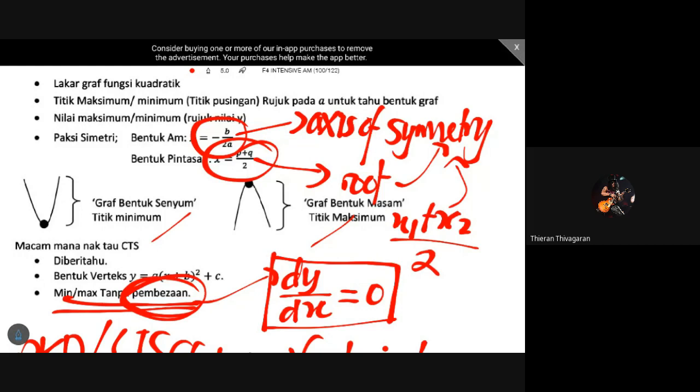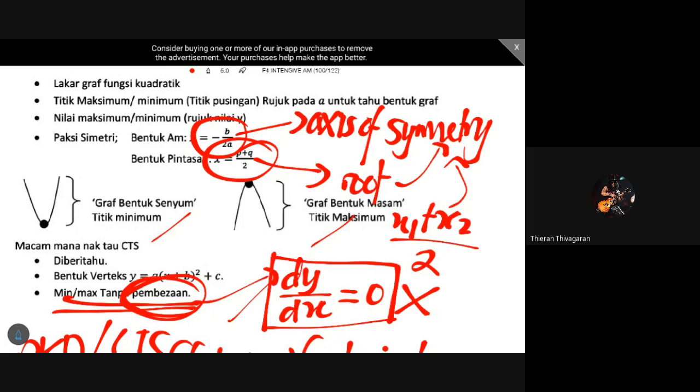Okay. So usually if the question says by using completing the square, kalau soalan spesifik tanya guna kaedah penyempurnaan kuasa 2, tak boleh guna yang ni. You cannot use differentiation method. Okay, tapi kalau soalan open, terbuka, then you can use this one. Kamu ada peluang untuk pilih mana yang kamu suka.